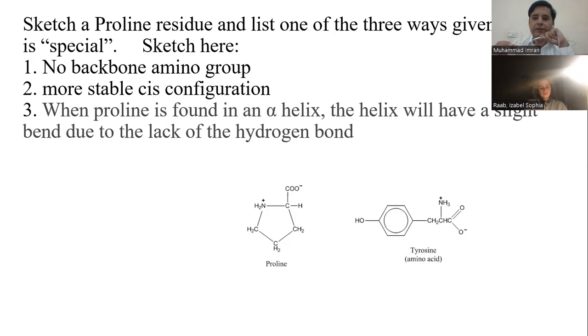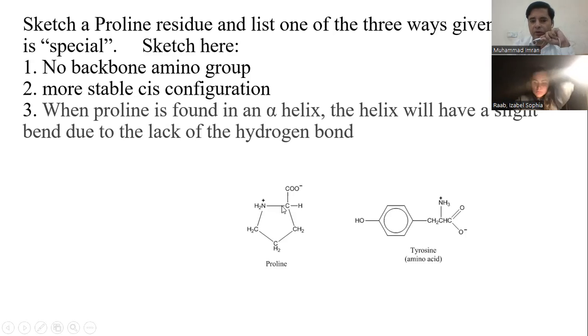What is a kink? A kink means a turn, a slight turn of around 35 to 45 degrees. During alpha helical structure, proline can cause a slight bend due to lack of hydrogen bonding. So you can say it is more stable in cis configuration. Why?